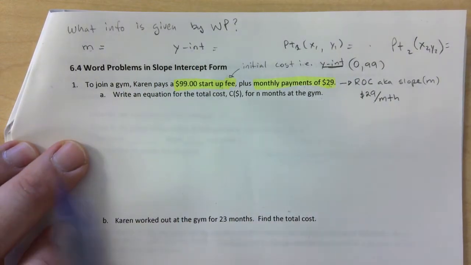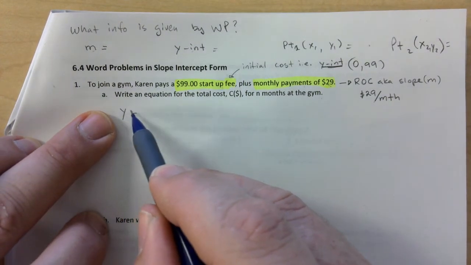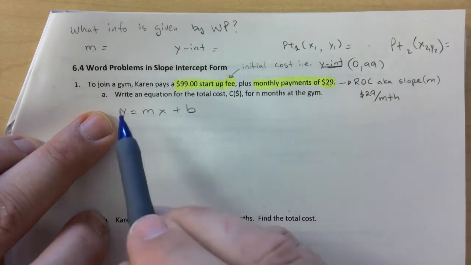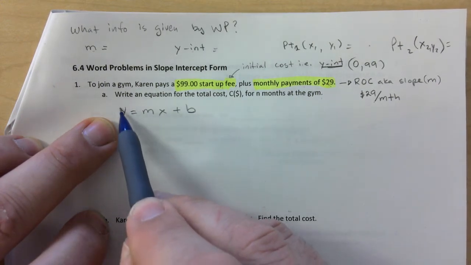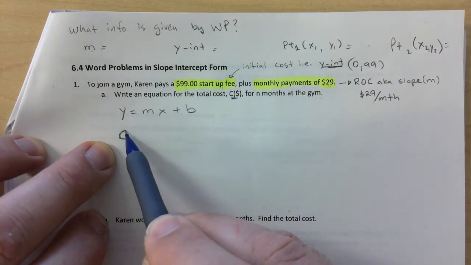So you have to write this in particular. We will write it like this: y is equal to mx plus b. And instead of the y here, we're going to make that the cost. We're going to use the letters that they're using.